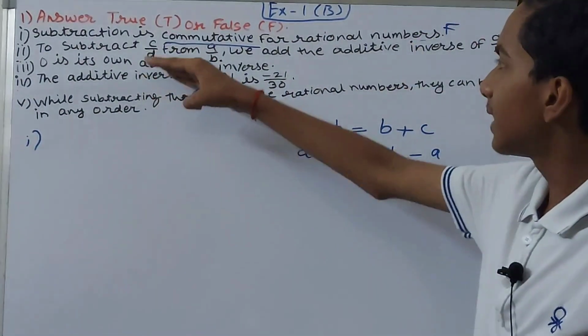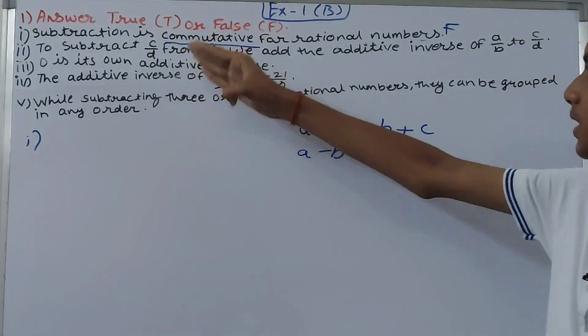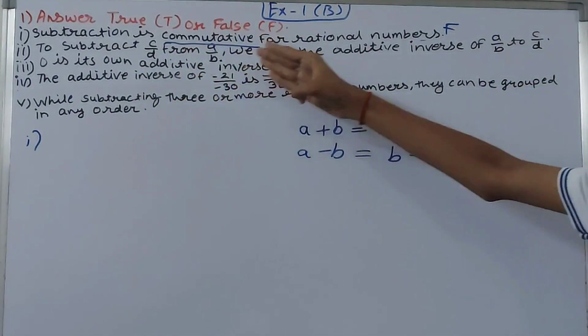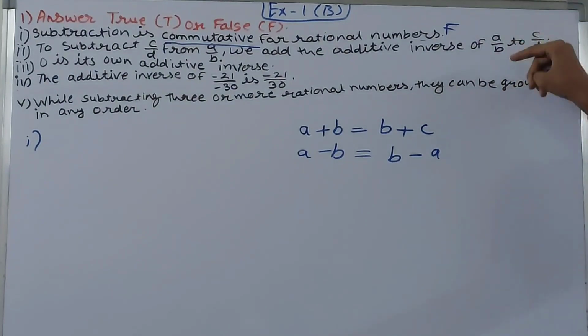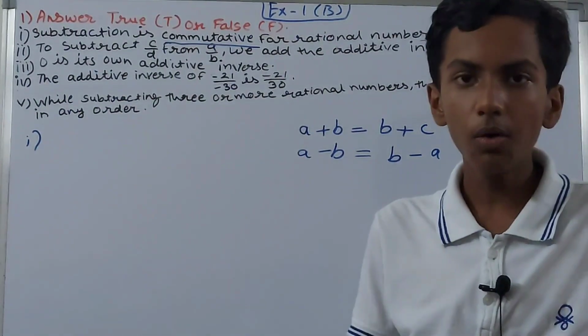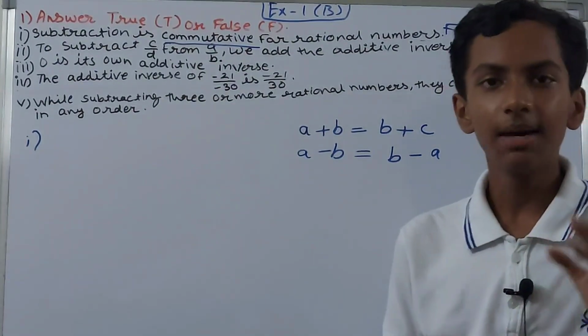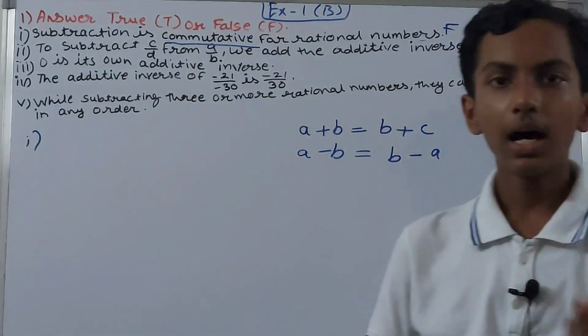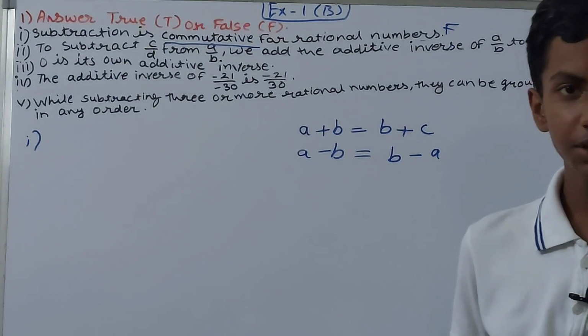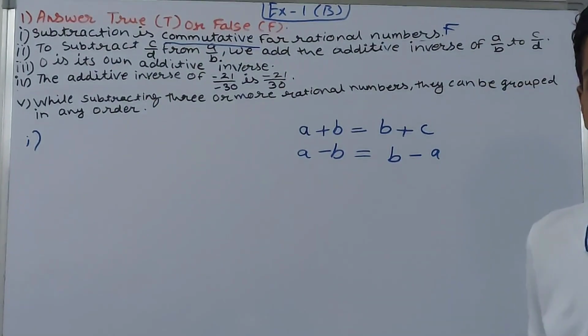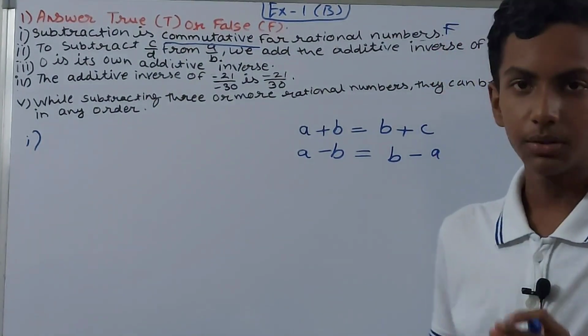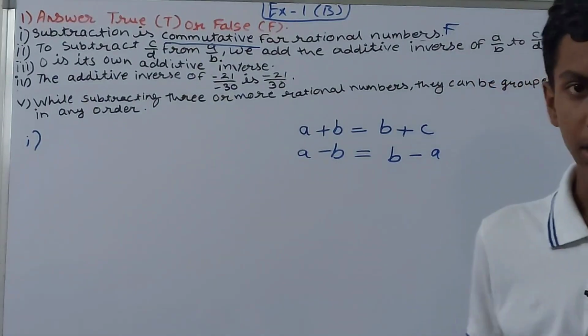Then: to subtract c by d from a by b, we add the additive inverse of a by b to c by d. Now what is the additive inverse? For addition, 0 is the additive identity.